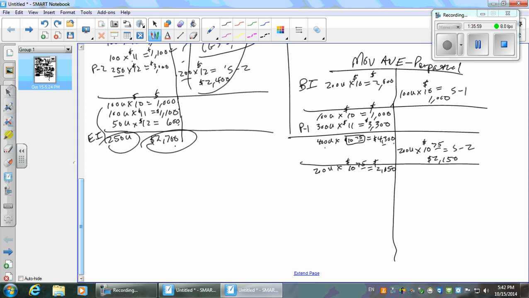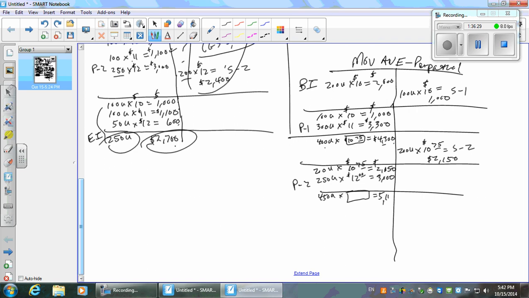What happens next? Another purchase. Okay. So purchase 2 is how much? 250. So now I have 450 units. Everybody agree with that? How much did they cost me? $3,000, 12 bucks each. Okay. So those 450 units cost me how much total? 5,150.